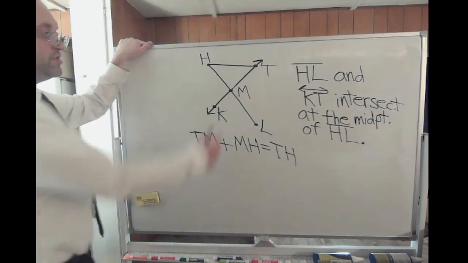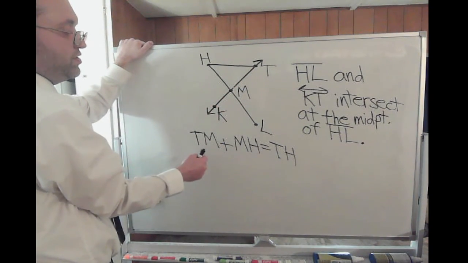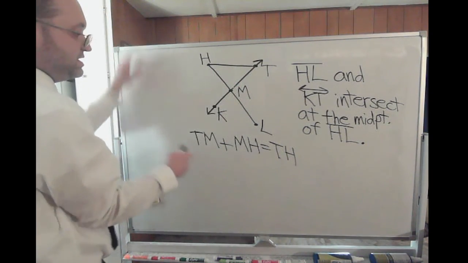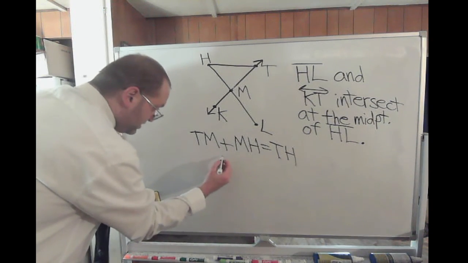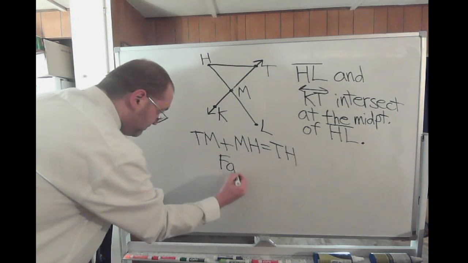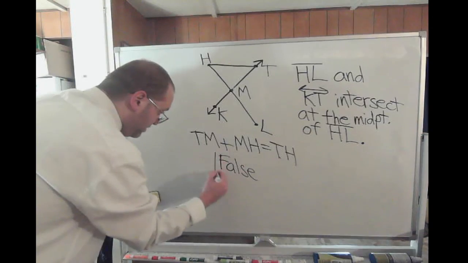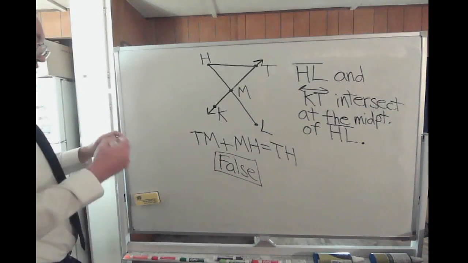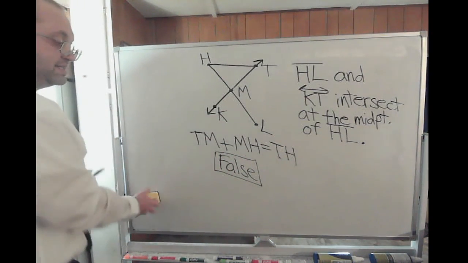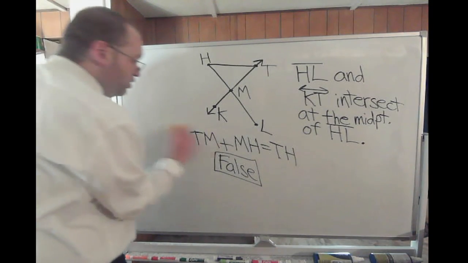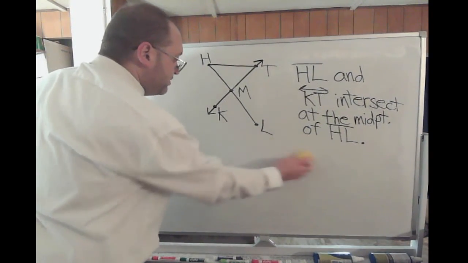Well, they're not on the same segment, are they? They're on different lines or line segments. So this is false. In order for this statement to be true, they would have to be parts of the same line segment or the same line. So that's a false statement right there.